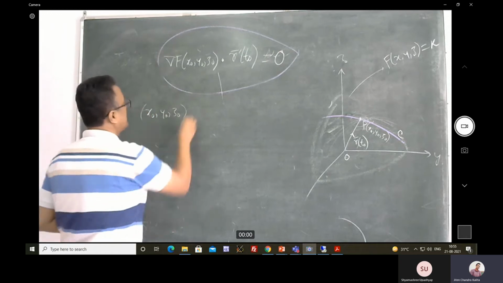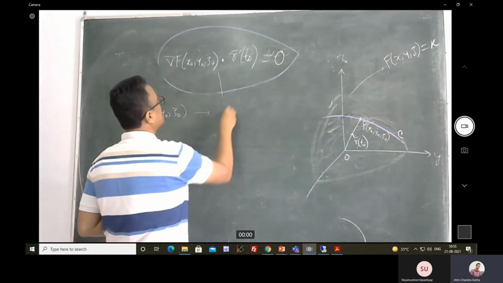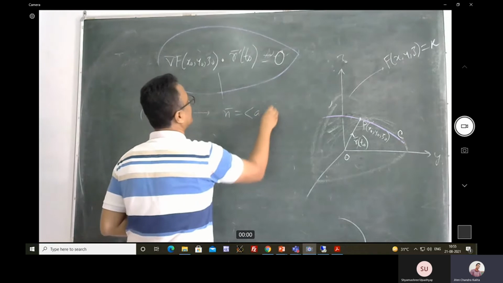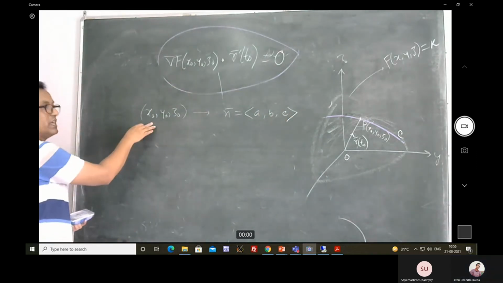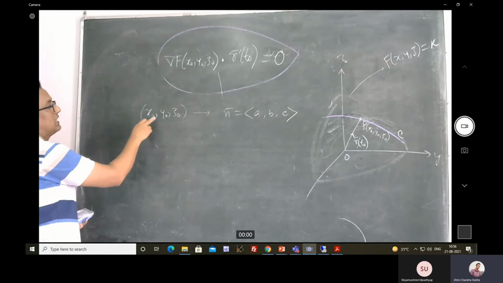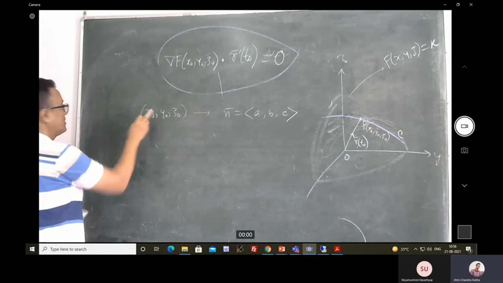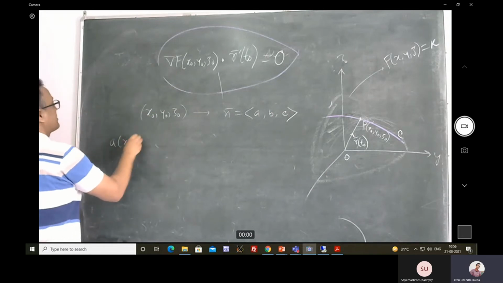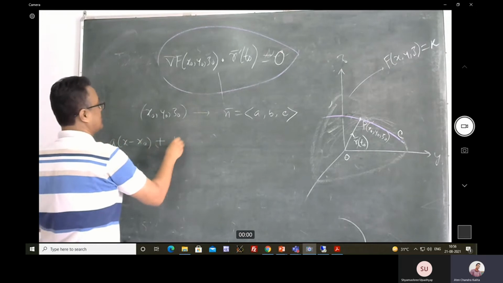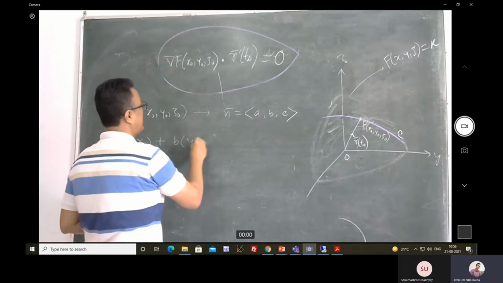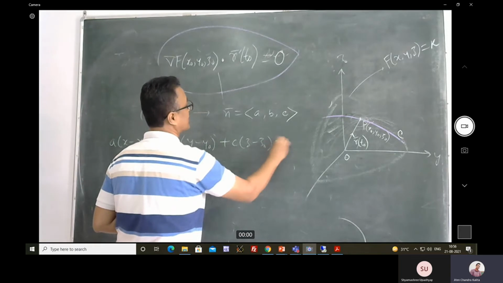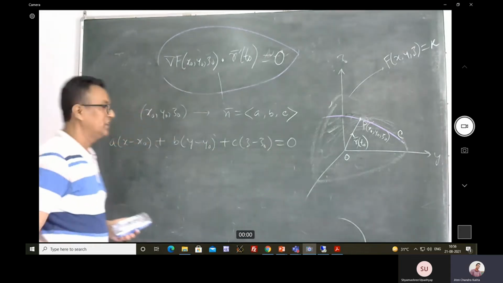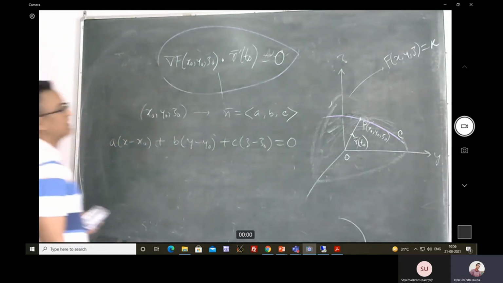Then, if you know the components of the normal to the tangent plane at that point, the equation of the tangent plane was given by this.